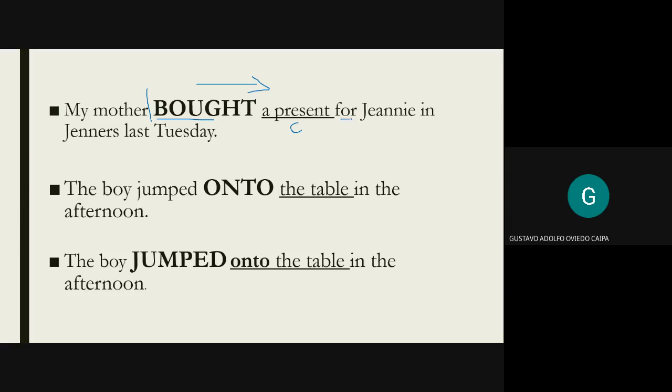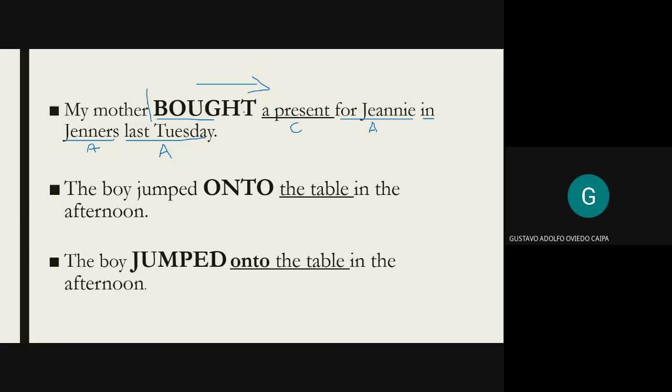In that case, for Jeannie, in January, and last Tuesday, they would be adjuncts, because if we eliminate any of these elements, the sentence remains grammatical. It remains understandable. I can still say my mother bought a present and that's it.